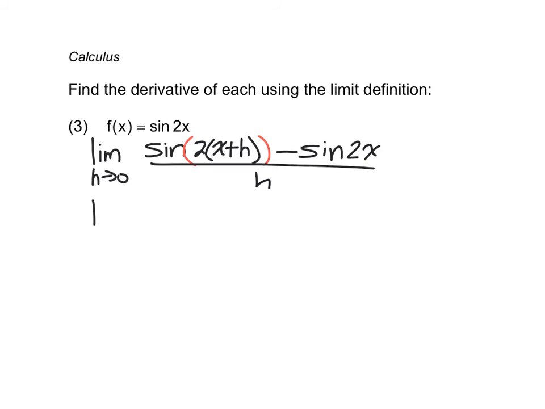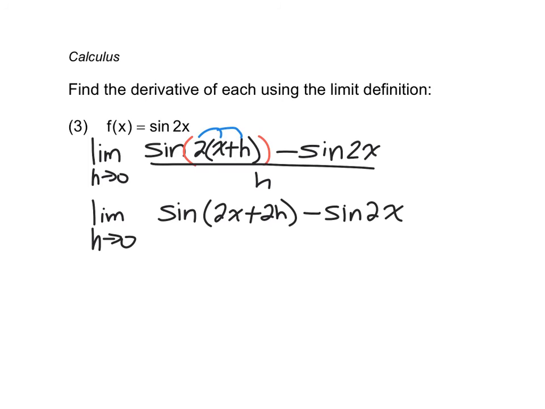All right. So then we would do limit as h approaches 0. I'm going to distribute within the set of parentheses to clean it up a little bit. Sine 2x plus 2h minus the sine of 2x all over h.